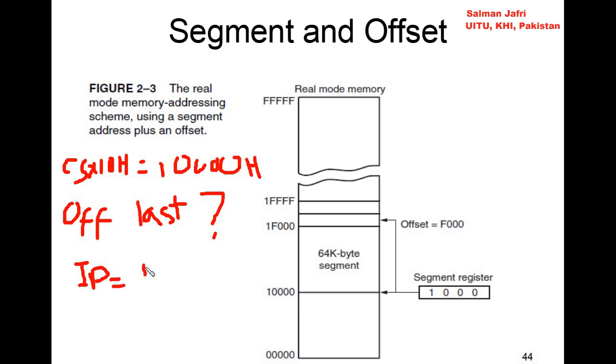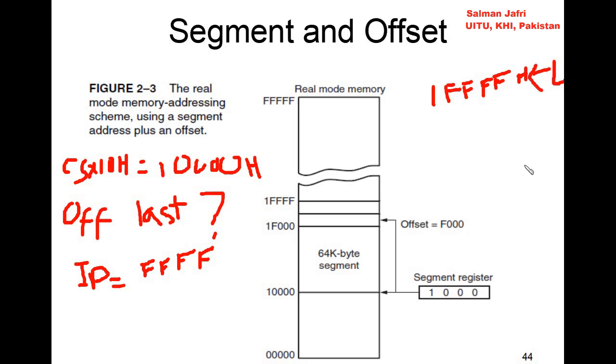It would be FFFF. So quickly we can find out the physical address of the last location of this segment, which would be 10,000H plus FFFFH, which comes out to be 1FFFFH. So now this is the last location.